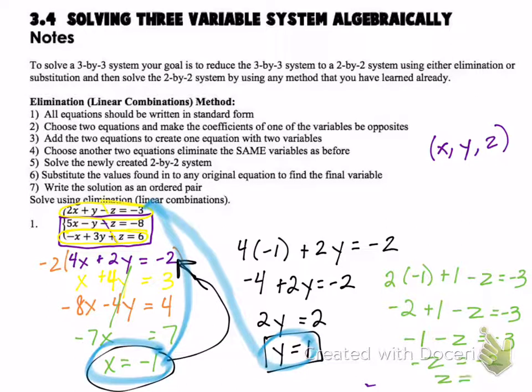You should get z equals 2. So my final answer, using the ordered pair, or I guess the ordered numbers because there's 3 of them, make sure that you write it as x, y, z. So negative 1, comma 1, comma 2.